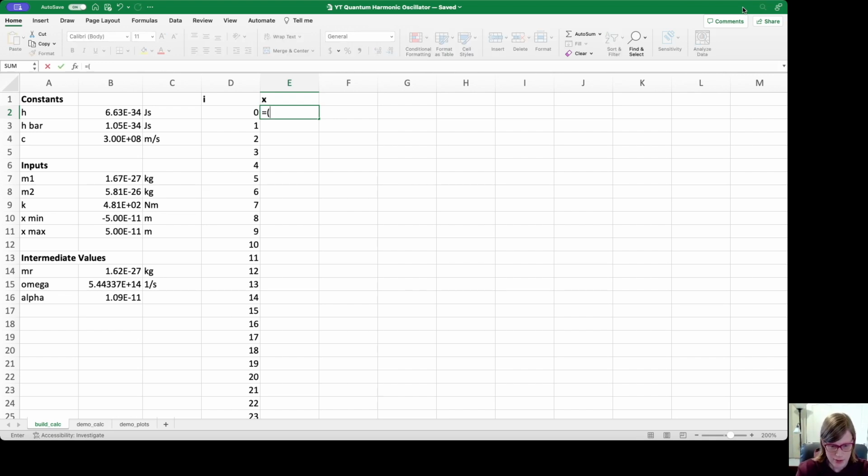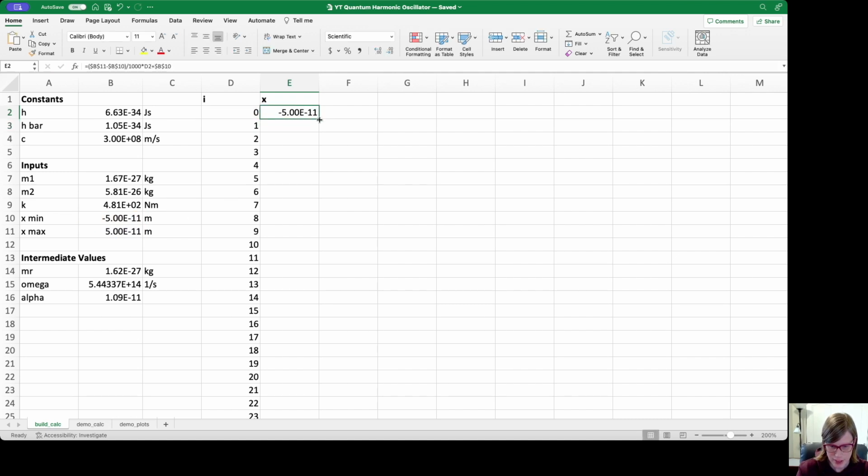We're going to have x max, and then we're going to use function F4 to make that an absolute reference, minus x min, F4, divided by 1,000, times i over here, plus the minimum of the axis.